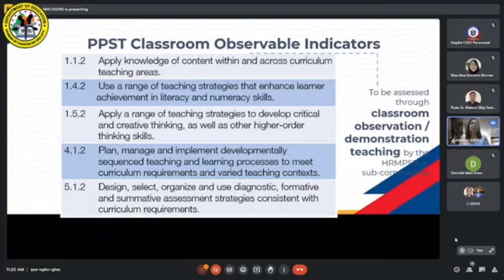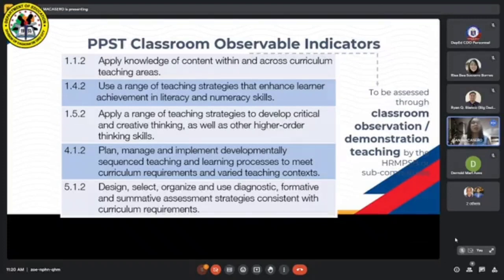Another indicator is 4.1, plan, manage, and implement developmentally sequenced teaching and learning processes to meet curriculum requirements and varied teaching contexts. So how are you going to plan and implement the sequencing of your teaching and learning processes?